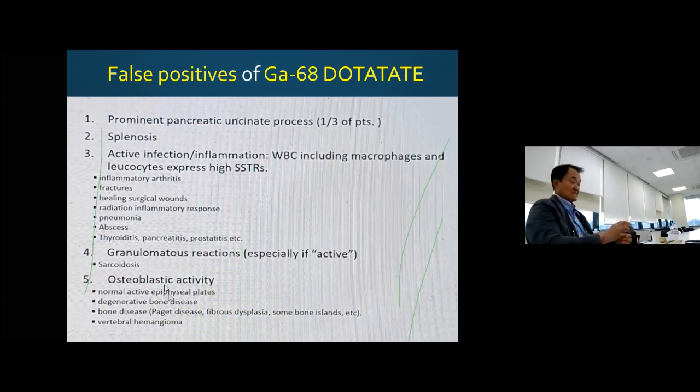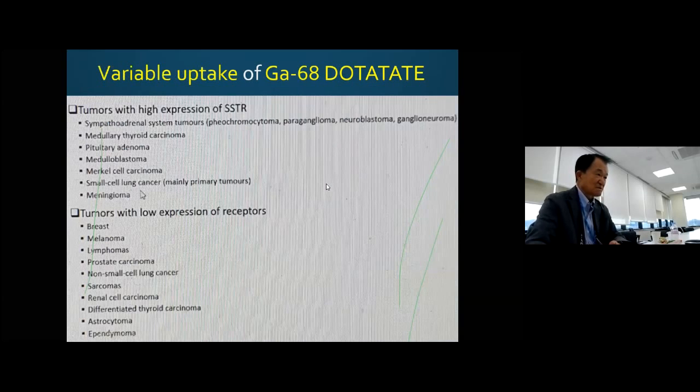Also blastic activity, a certain growing epiphysis in children, degenerative changes, certain Paget's, fibrous tissue, or some hemangioma show some uptake that's false positive, but the intensity is different. So it's a variable uptake depending on the amount or types of receptor.